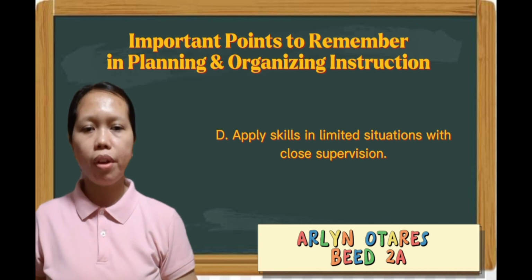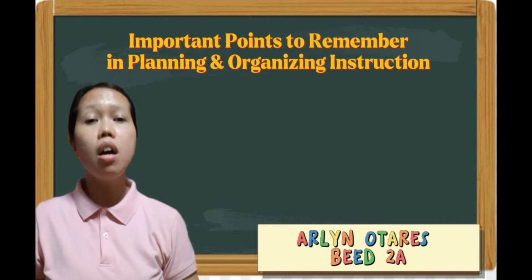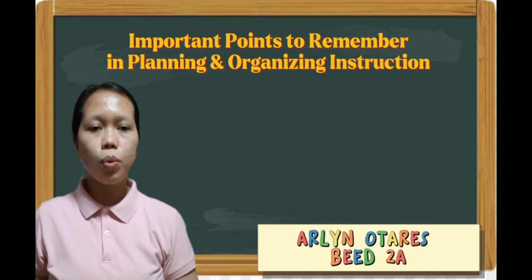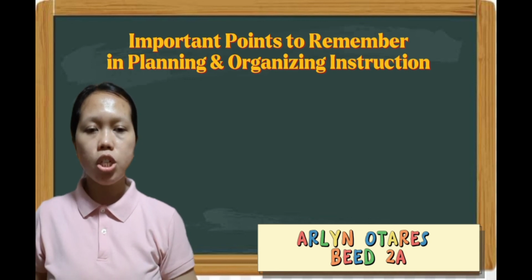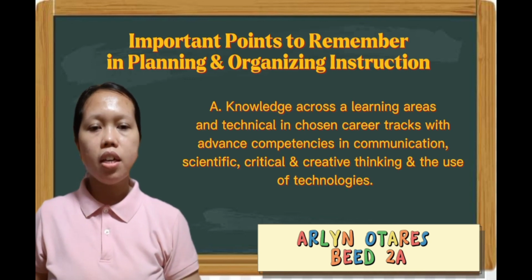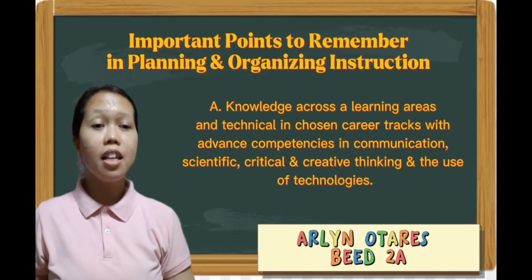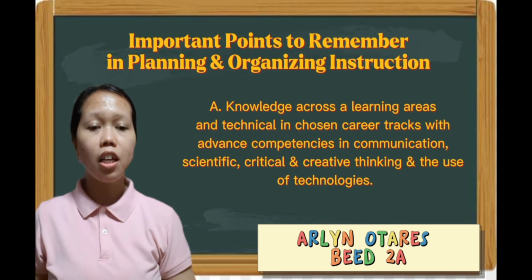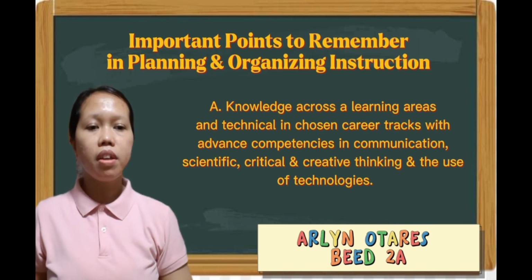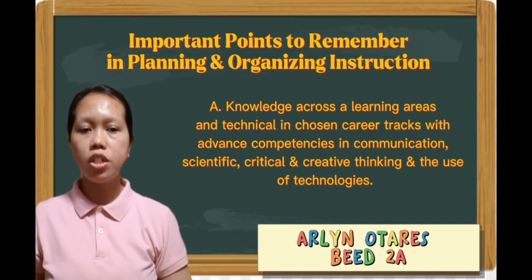At the end of Grade 12, the graduate must be able to demonstrate more knowledge and skills with a higher degree of independence. The qualifications are: letter A, knowledge across learning areas and technical skills in chosen career tracks with advanced competencies in communication, scientific, critical, and creative thinking, and the use of technologies.